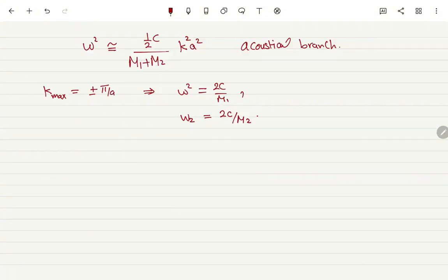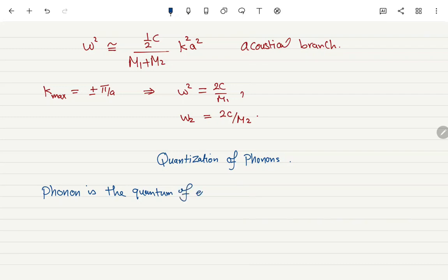Now let's discuss quantization of phonons. Remember, the quantum of energy is called phonons. So phonons is the quantum of energy. Now each mode of the wave vector k is a simple harmonic motion of the whole crystal.